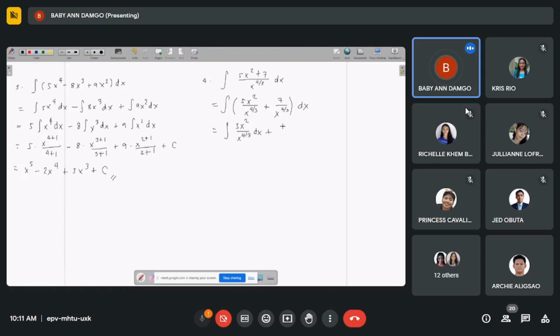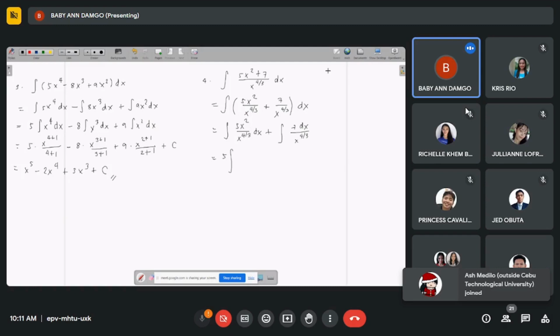Okay, so simplify. We can now take out the constants. So the 5 comes out of the integration. That is the law of exponents: x to the power of a over x to the power of b is equal to x to the power of a minus b.